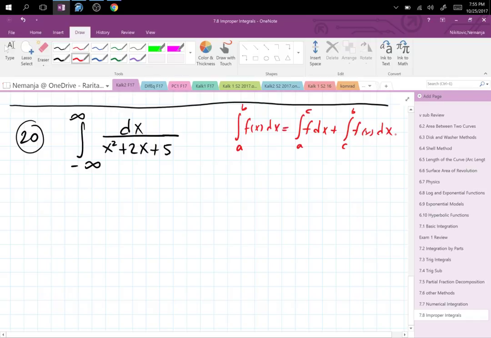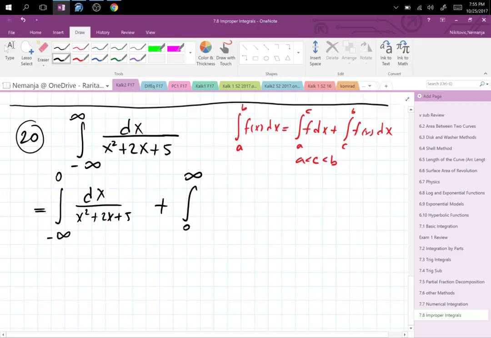So as long as this c is in between a and b, you are allowed to pick any number between negative infinity and positive infinity. Any number. 0. So you are going to now work out the integral negative infinity to 0 dx over x squared plus 2x plus 5 plus 0 to infinity dx over x squared plus 2x plus 5.